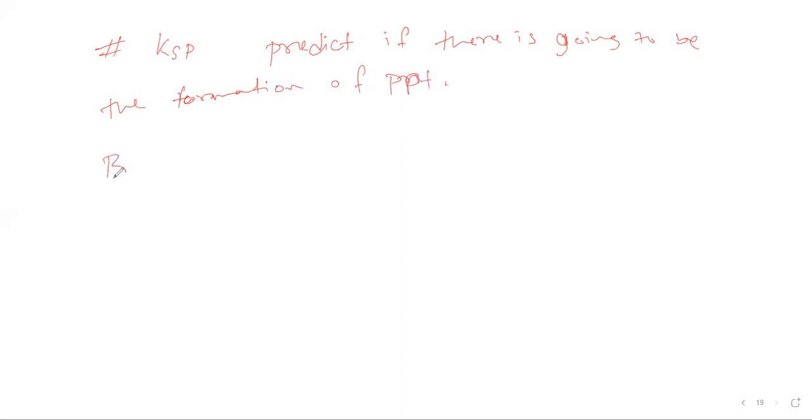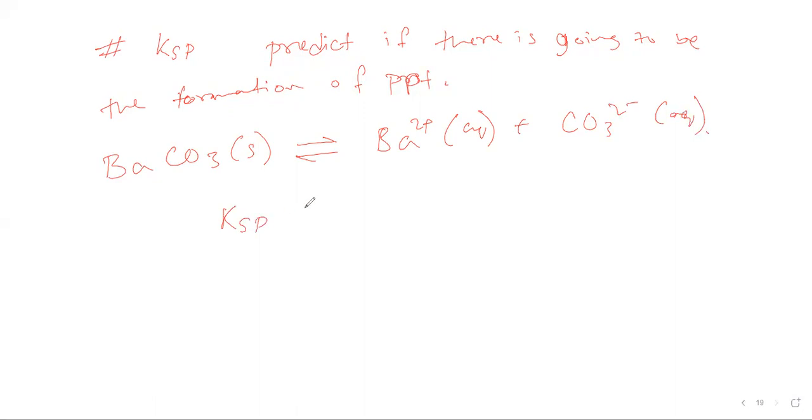So let's say an example, BaCO3 solid, it undergoes the solubility product concept, giving Ba2+ and CO3 2- aqueous. So the KSP equation should be [Ba2+][CO3 2-]. Now the KSP value is given, let's say, 5.5 x 10^-10 mol^2 dm^-6.